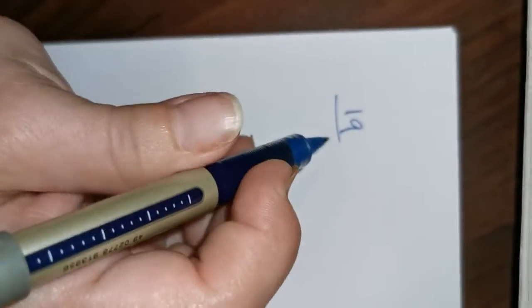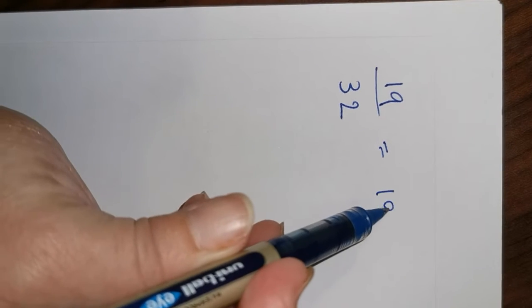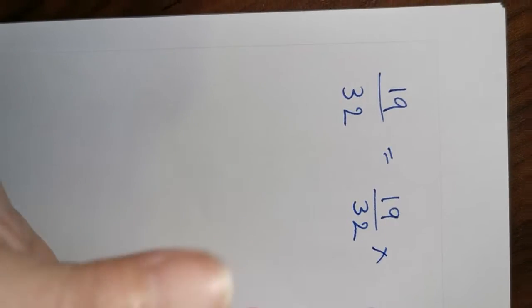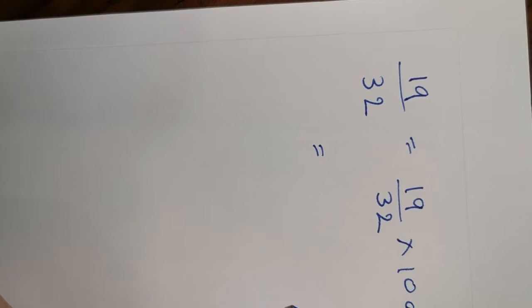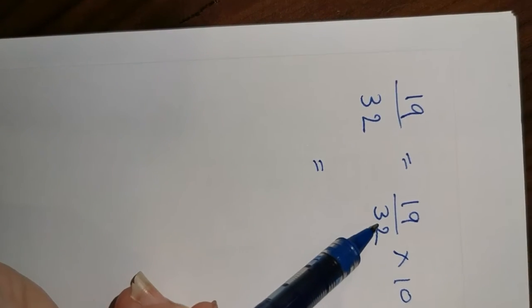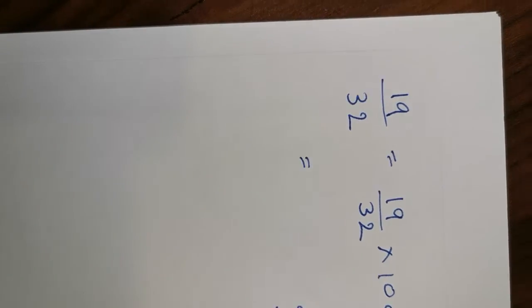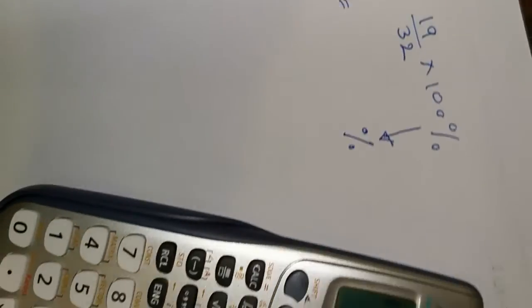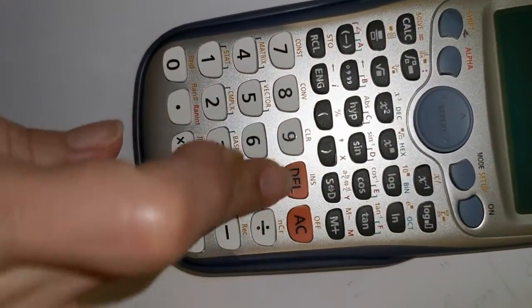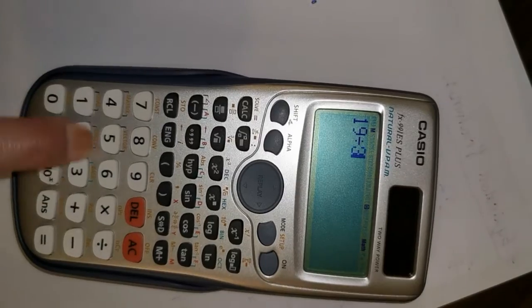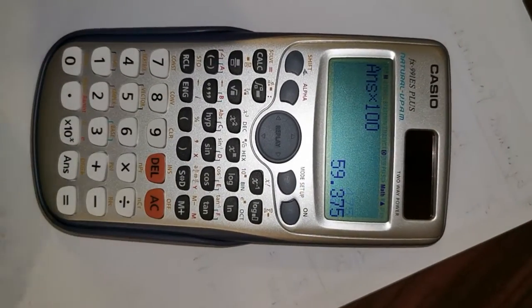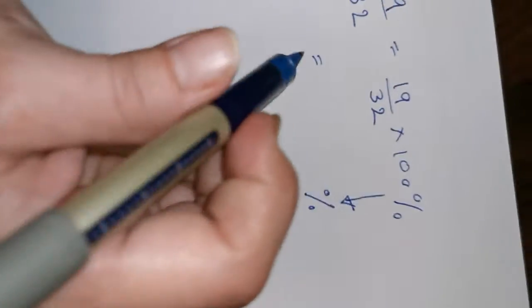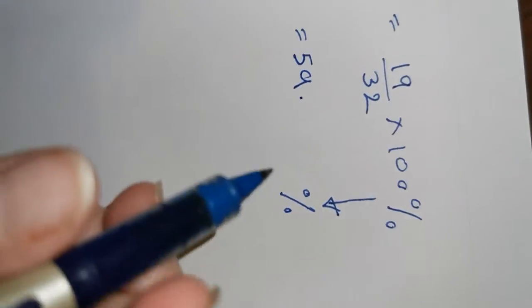19 over 32. So you need to multiply 19 over 32 times 100%, which is equal to, leave the percentage sign, and you need to evaluate 19 divided by 32 times 100 by using a calculator, which is easy for you. 19 divided by 32 times 100, which is equal to 59.375.